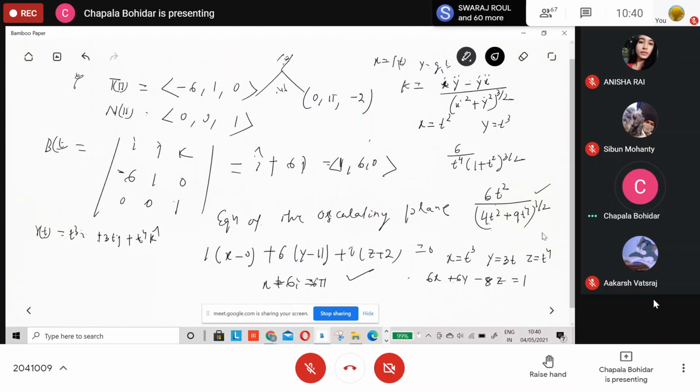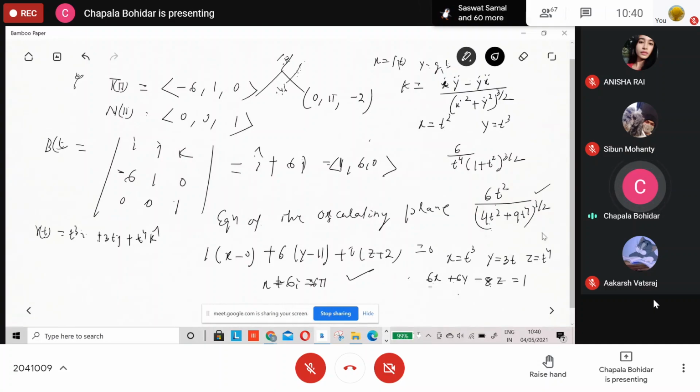And here the equation is given, the component 6, 6, 8, which is parallel to that normal plane. It is the equation of the normal plane, but the component 6, 6, minus 8 is the component of the normal to the normal plane. And these two are parallel. These two are parallel or not?